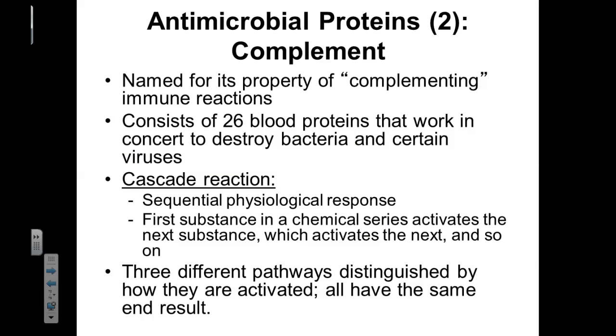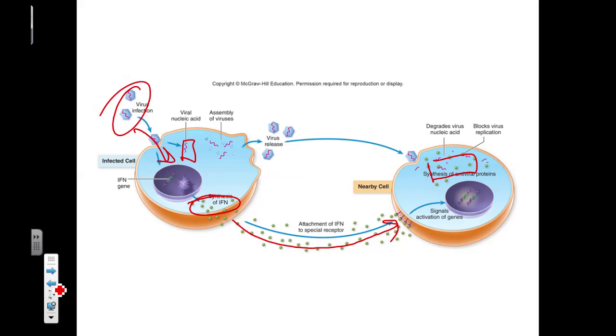So to review briefly, interferons help to mediate phagocytosis, interferons help to activate T and B lymphocytes, and interferons help to signal nearby cells to become resistant to a viral infection.